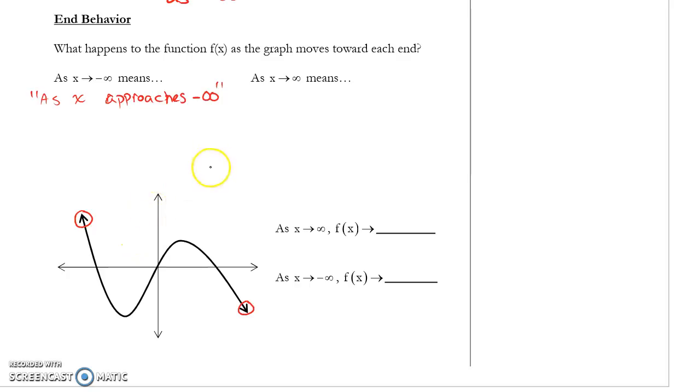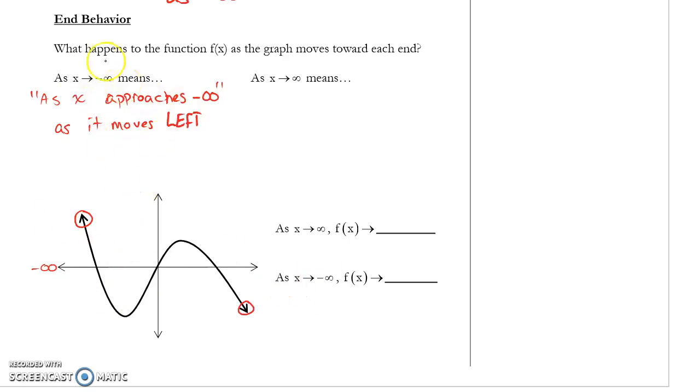You can't approach a negative infinity, and in fact you can. That just means as the graph moves left. So as it moves left, I'm considering my x-axis here, and as I'm going towards negative infinity, the left is negative infinity. What's happening to the graph?